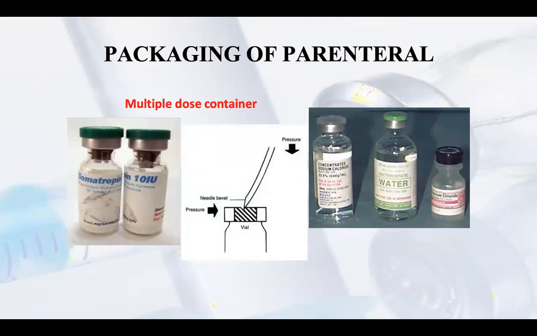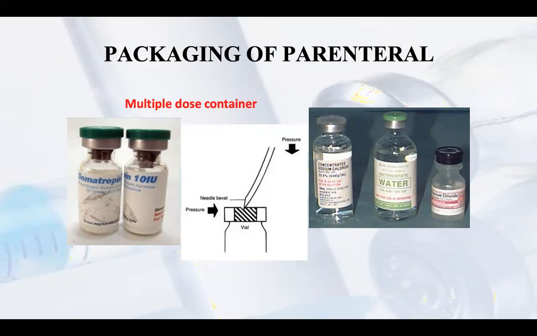The multiple dose container. You can see how they are sealed. They have the solvent and the drug. These are all well closed containers. The green cover over that is a safety seal.